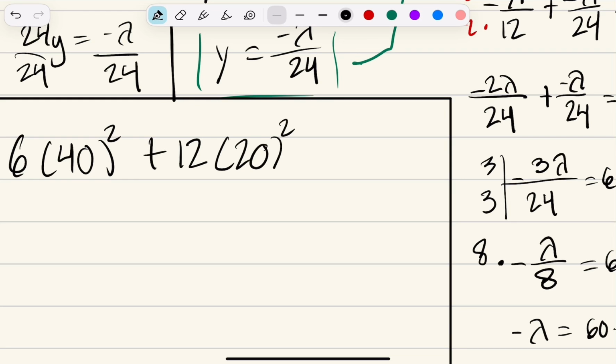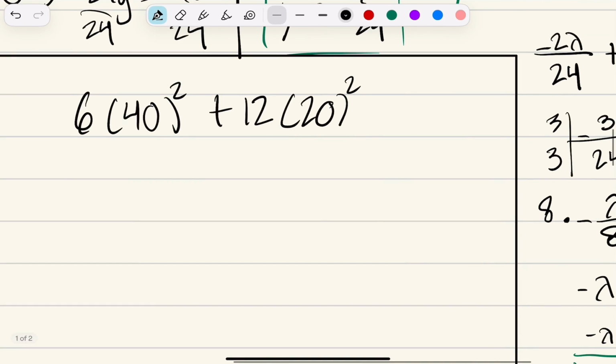I'm going to plug that into our calculator. 40 squared is 1600 times 6. We end up with 9,600 plus 20 squared is 400 times 12. We end up with 4,800.